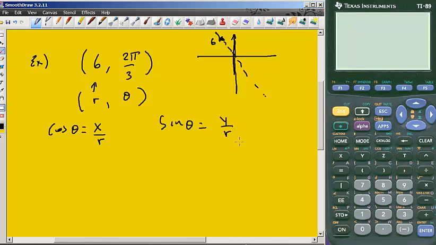On the unit circle, r happens to be 1. So my x is equal to r times cosine of theta, and my y is equal to r times sine of theta.